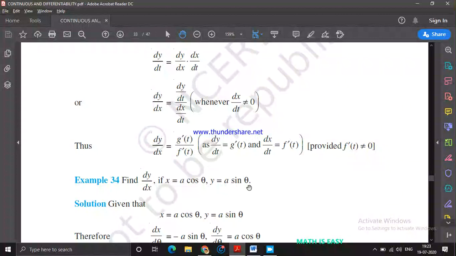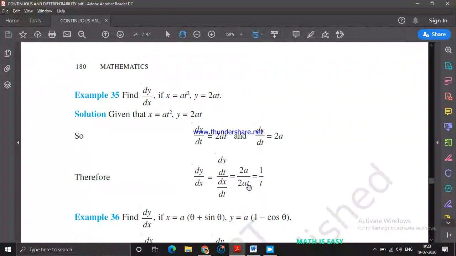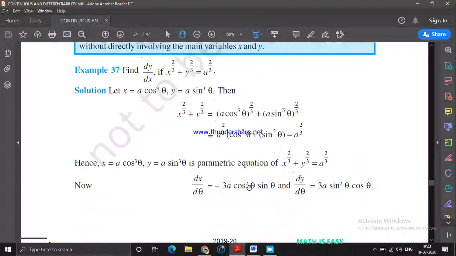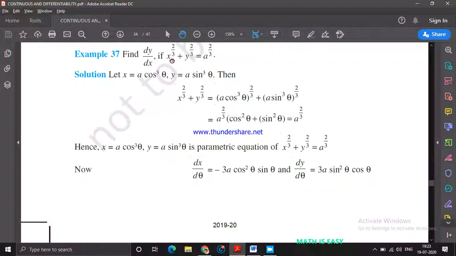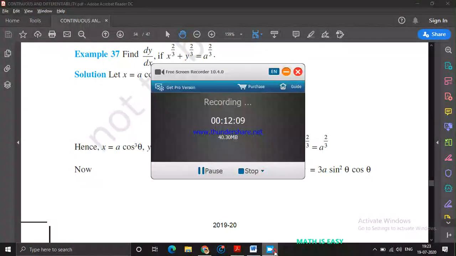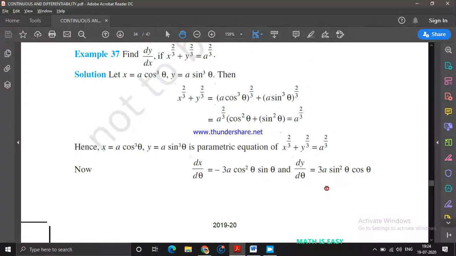Now see how they solve it in the textbook. Yeah, this is the question: x to the power of 2 by 3 plus y to the power of 2 by 3 is equals to a to the power of 2 by 3. So they substituted x value as a cos cube theta and y value as a sin cube theta.